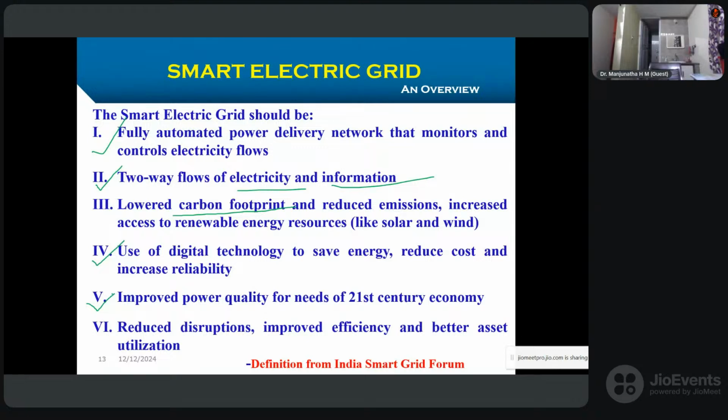Right, we are in the 21st century, so we should be having a grid that meets the aspirations of different stakeholders of the 21st century, and we should be having reduced disruptions. We should be having improved efficiency, and we should be able to utilize the available assets to the best possible extent. So this is how a smart grid can be formed.